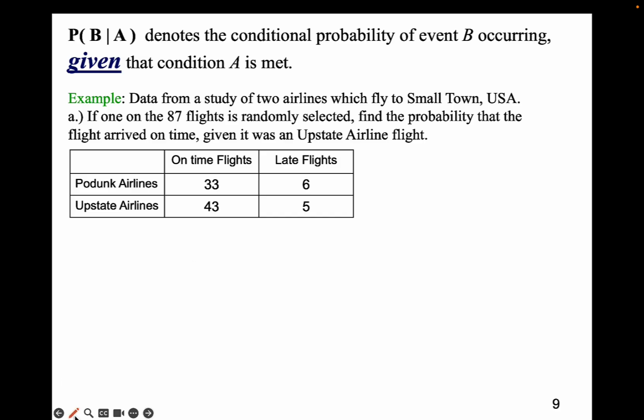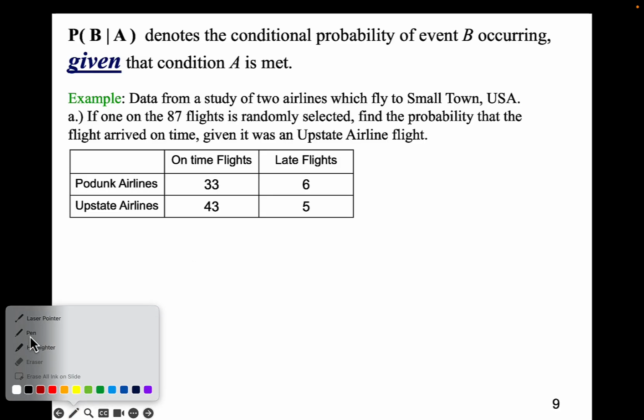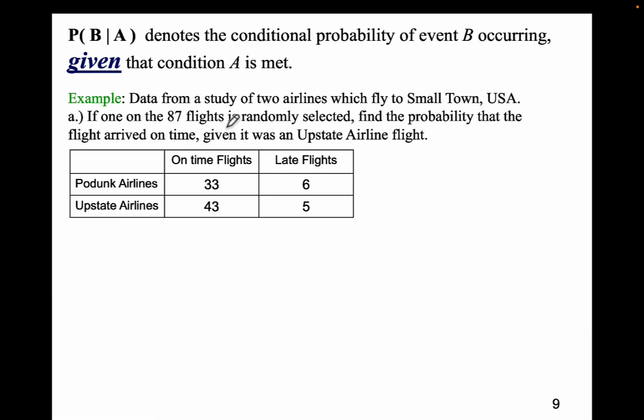All right, you guys, I want to talk about that word given. What we're going to do when we see given, whatever follows it, that's the only data we're interested in. We may be handed a spreadsheet with 100 tabs with all kinds of data about airline flights being late or on time. But as soon as we see this word given, it's kind of like saying, hey, ignore everything else.